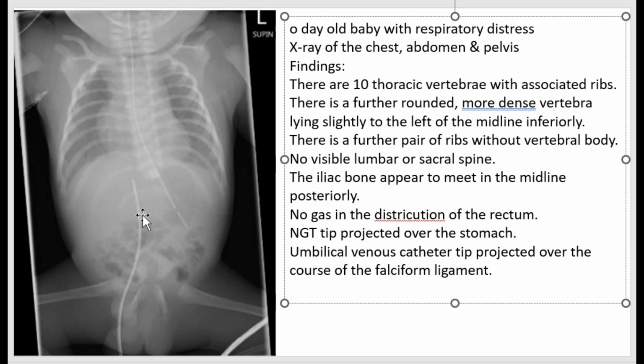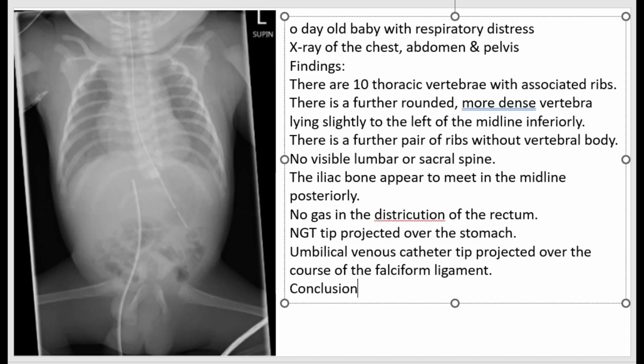Okay, so the appearance here, what do you think the diagnosis is? Diagnosis here is caudal agenesis. Okay, caudal agenesis. So the appearances are consistent with caudal agenesis.